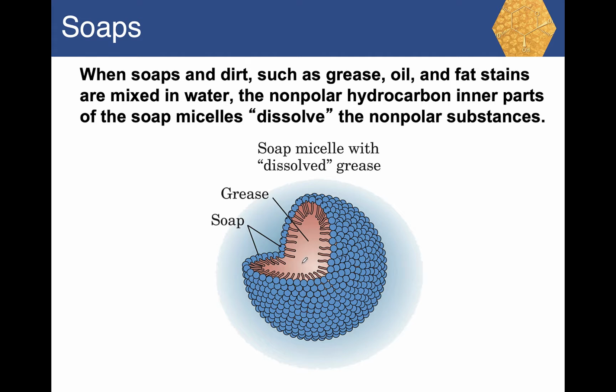So the dirt comes from the clothes and it becomes clean. So that's the way soap works, because there is a hydrophobic end and there's a hydrophilic end. The hydrophobic end will dissolve the grease and dirt in your clothes, and the hydrophilic end will dissolve in water so that it can be washed out.